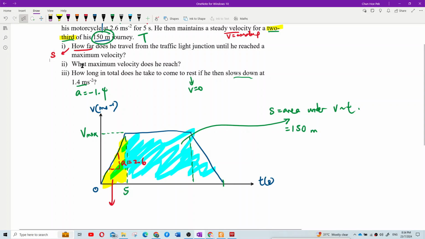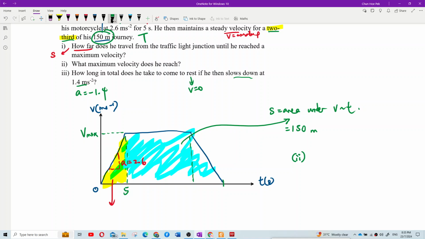Okay, so I think you can do it already. So how to find how far? That means we want to find the area under the graph. I think it's better you find the maximum velocity first. Do question 2 first. I think you can do question 2. Okay.